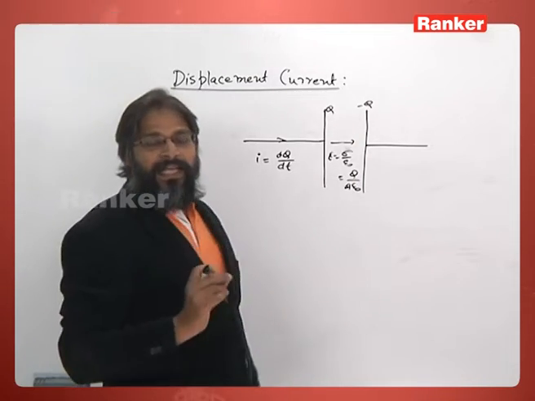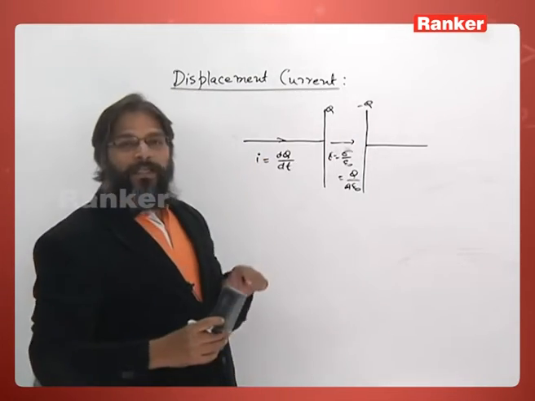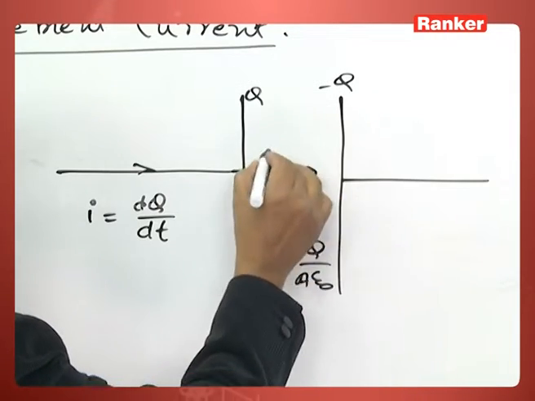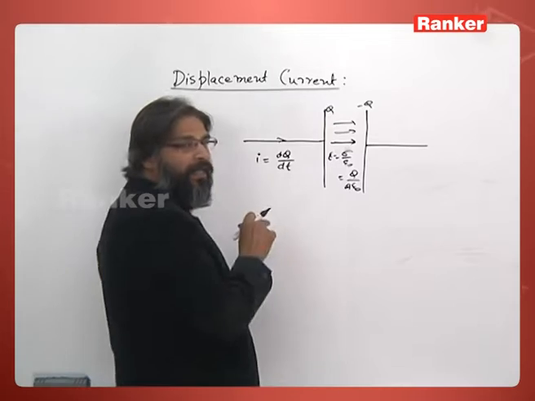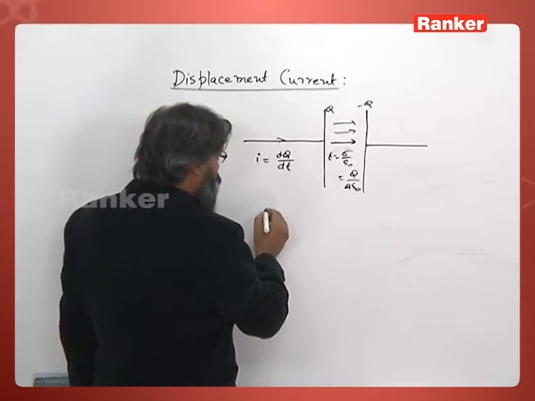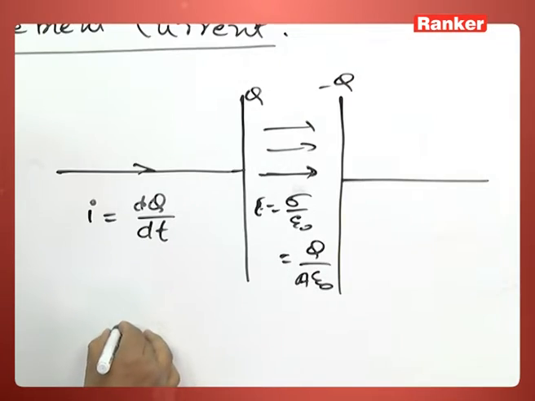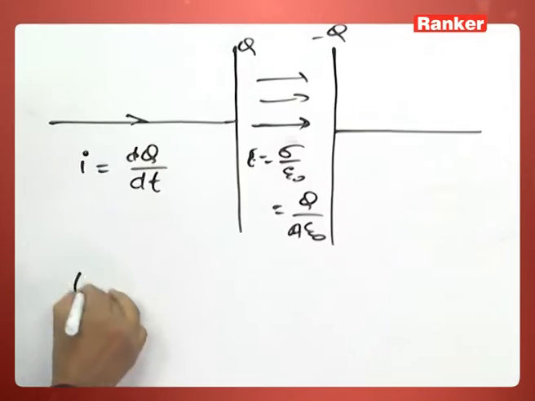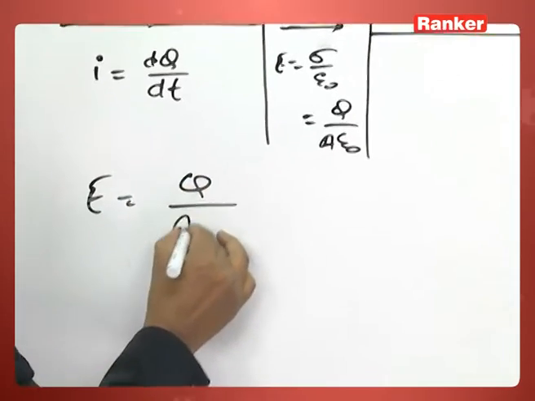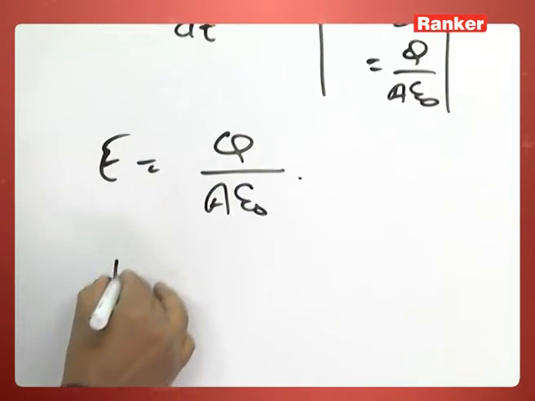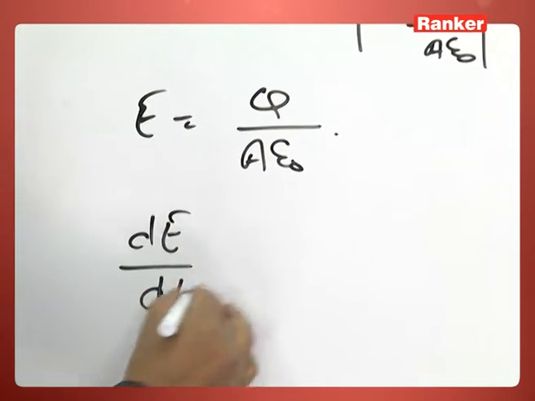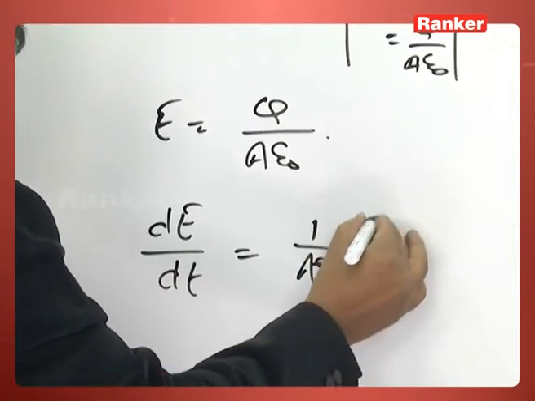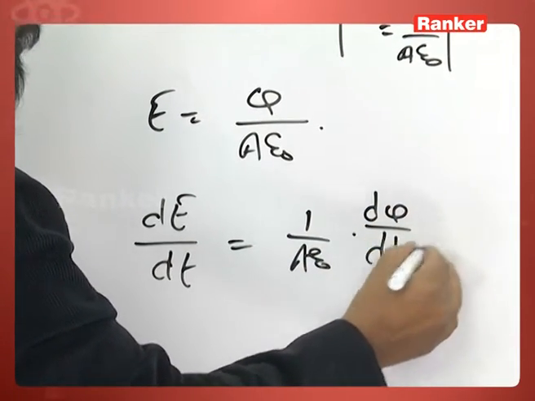Now in this region, in between the plates of the capacitor, we have the electric field changing whenever current I changes. So suppose I write this E as Q by A epsilon naught, then in that region the field will be changing at the rate of 1 by A epsilon naught dq by dt.